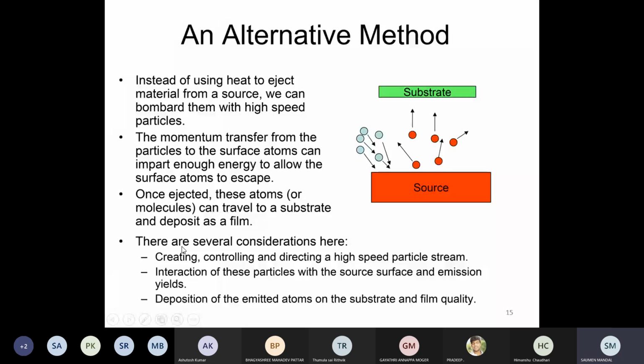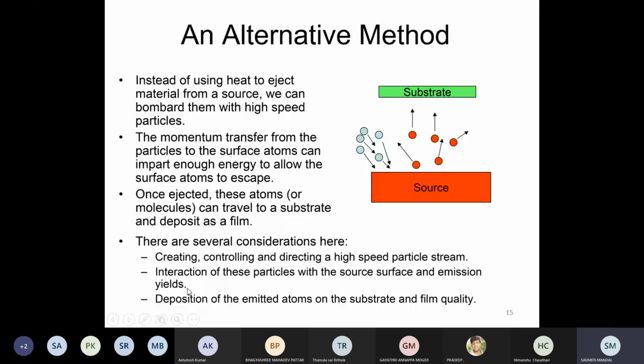There are several considerations here: creating, controlling, and directing a high-speed particle stream. That is very important. Then the interaction of this particle with the source surface and the emission yield.